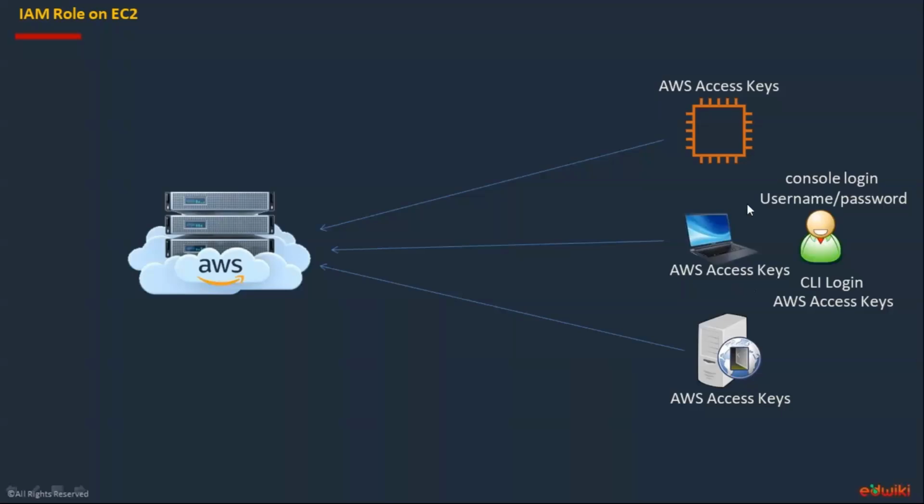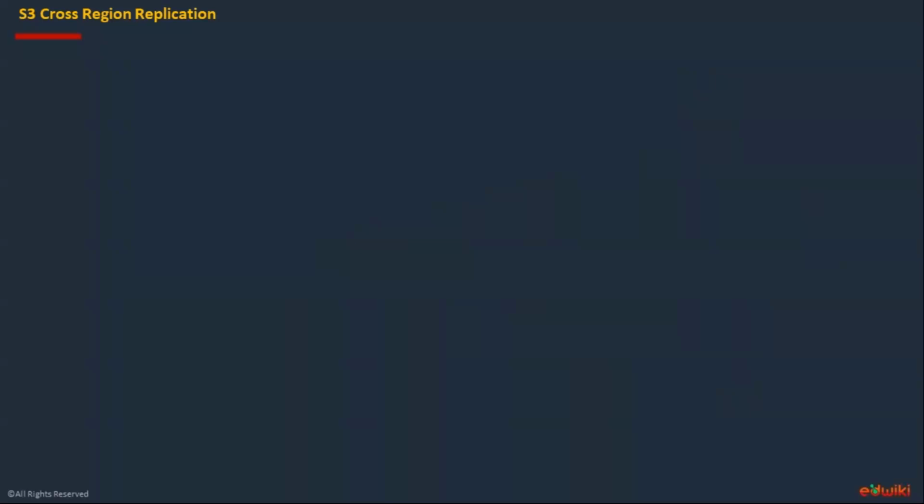But if you are trying to access AWS from any one of the AWS resources like EC2, then rather than using AWS access keys on that instance, it is possible to create and attach an IAM role, right?